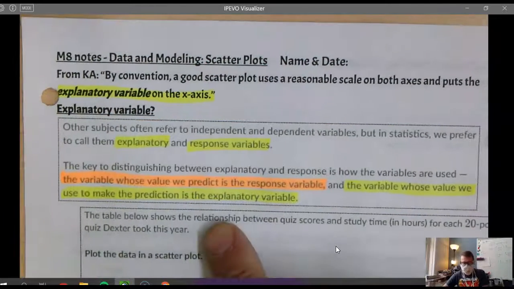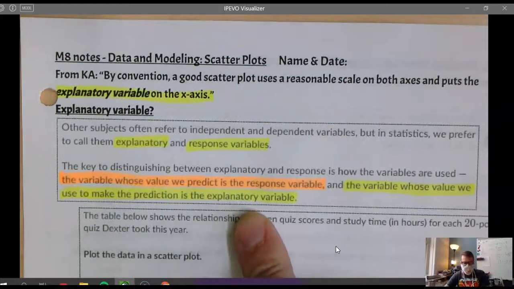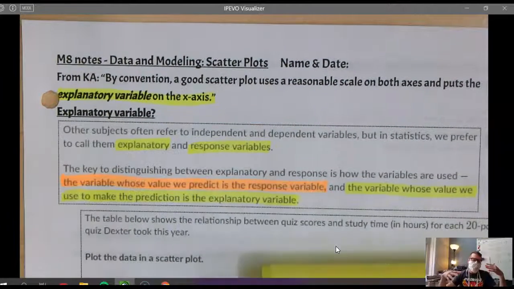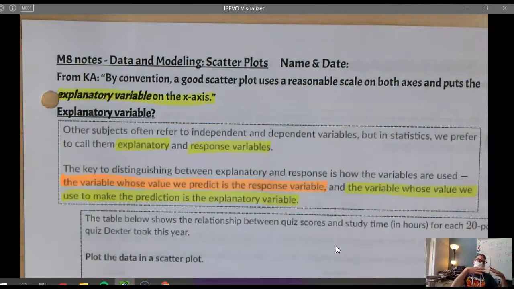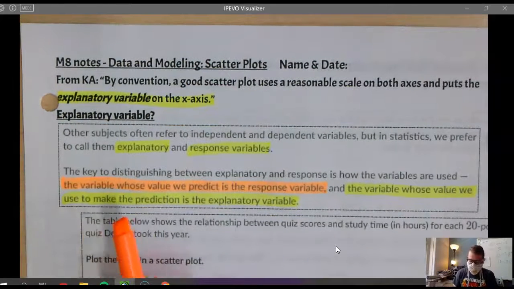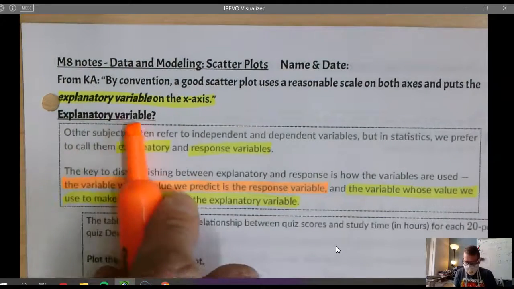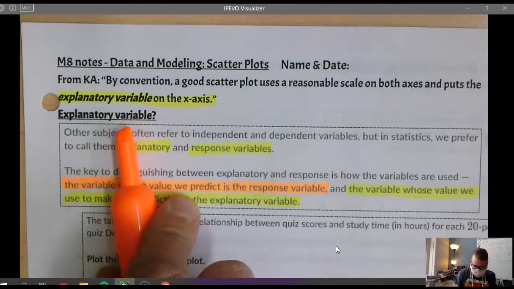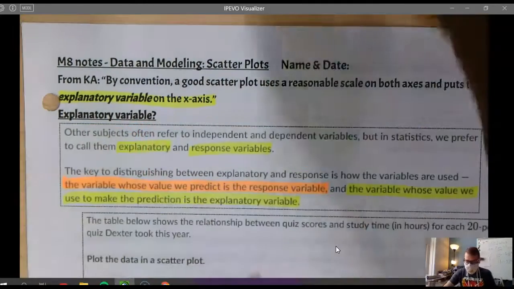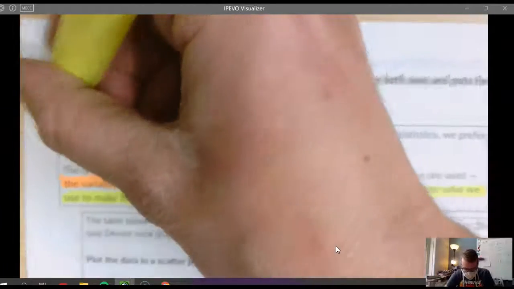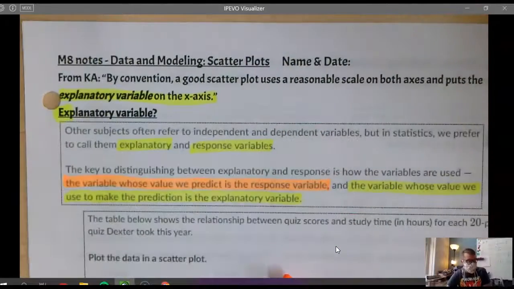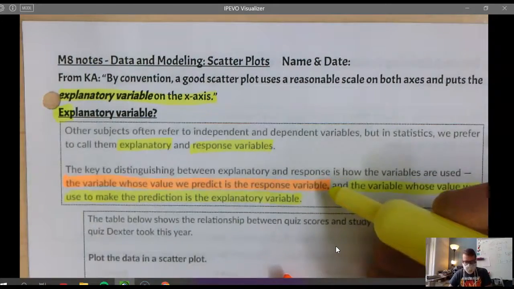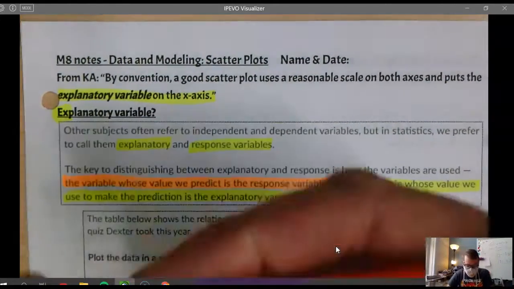So we said the explanatory value. I keep trying to combine the words value and variable in case you haven't caught on to that yet. The explanatory variable is our x. So the explanatory, this is how I remember it, the explanatory is the x, right? Meaning the response ends up being the y.